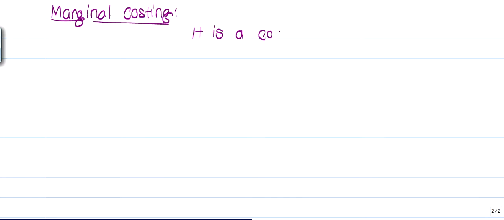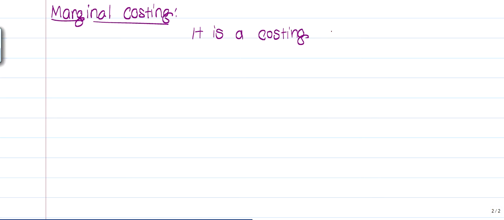So what is marginal costing? We have seen marginal cost. What is marginal costing? It is a costing system. Whatever we apply there, if we make it a system, a costing system, it is known as marginal costing.